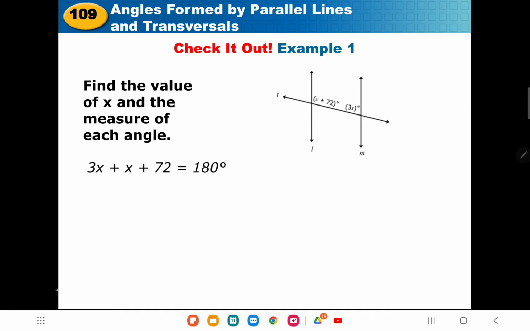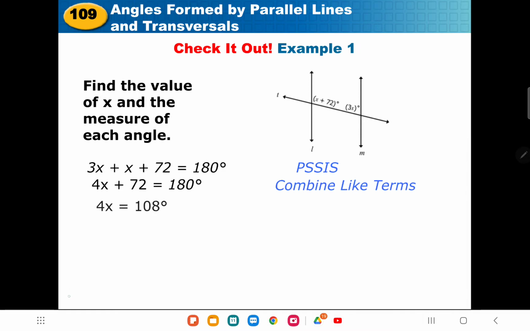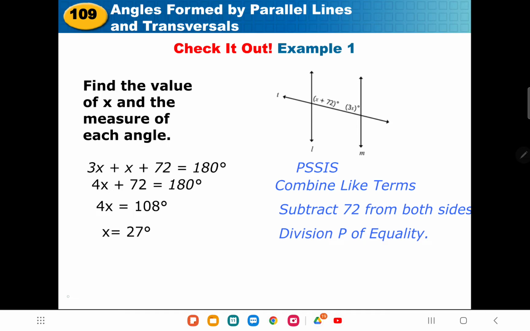So I begin by writing the equation 3x plus x plus 72 equals 180 using PSSIS. I simplify by combining like terms. I then subtract to get 4x equals 108 and divide by 4 to obtain that x is equal to 27.